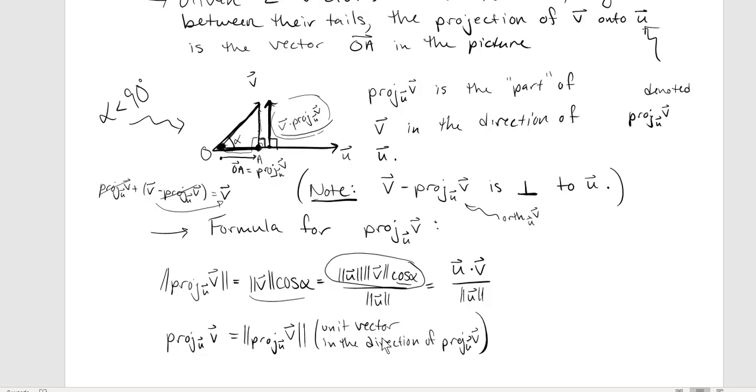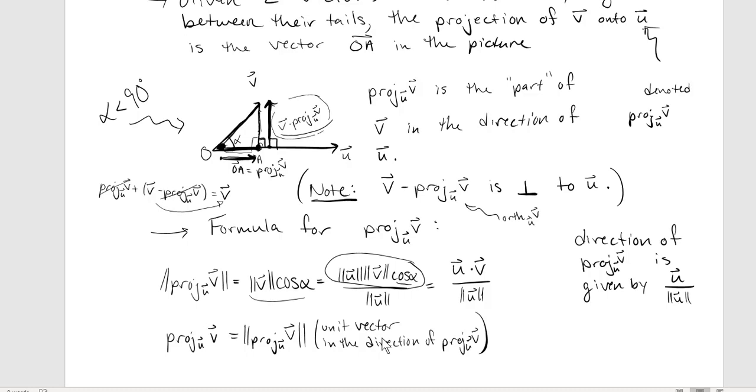But the direction of this projection vector is easy. It's just the direction of vector u. So the direction of this projection vector is given by the vector that points in the direction of u, but is a unit vector.